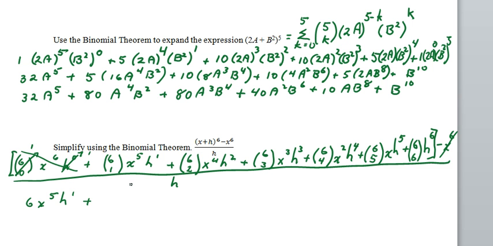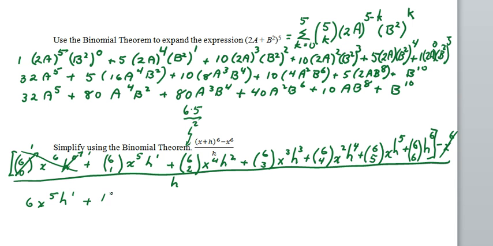6 over 2 is 6 factorial over 2 factorial 4 factorial. So 6 times 5 times 4 factorial over 2 times 4 factorial.